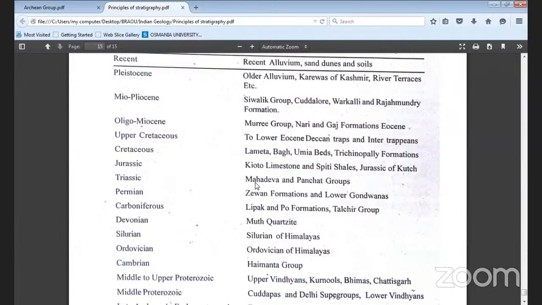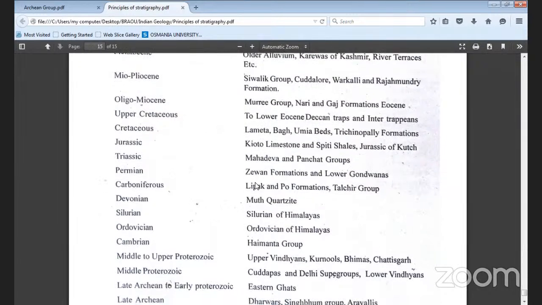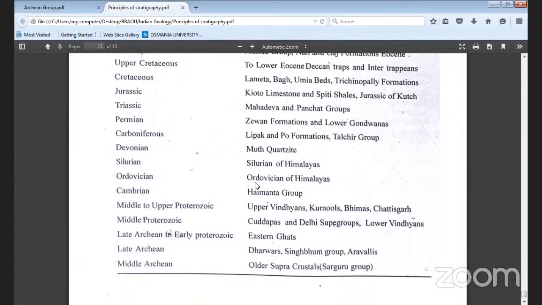Triassic has the Mahadeva and Panchet groups. Permian has the Jhuran formation and lower Gondwanas. Carboniferous has the Lipak and Po formations, and the Talchir group. Devonian has the Muth quartzites.